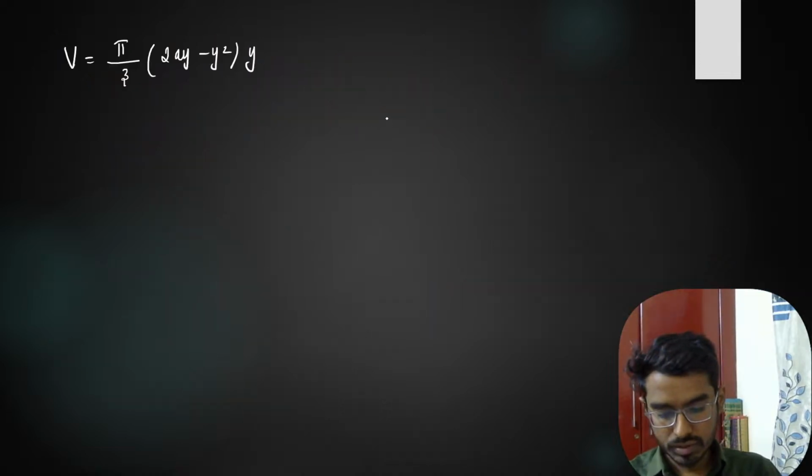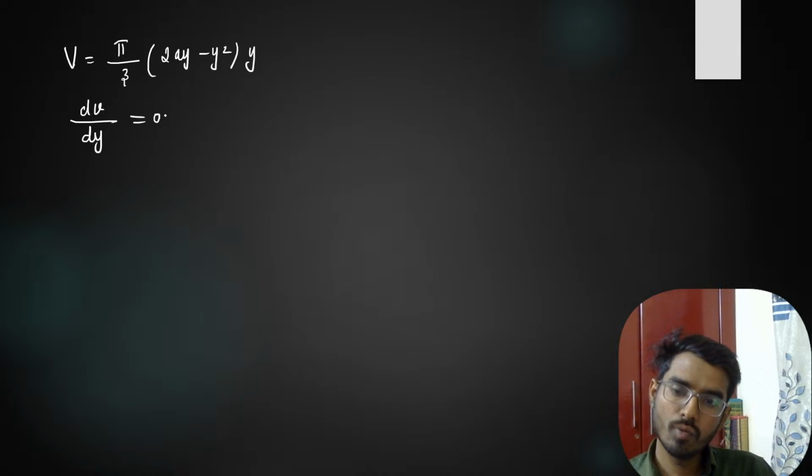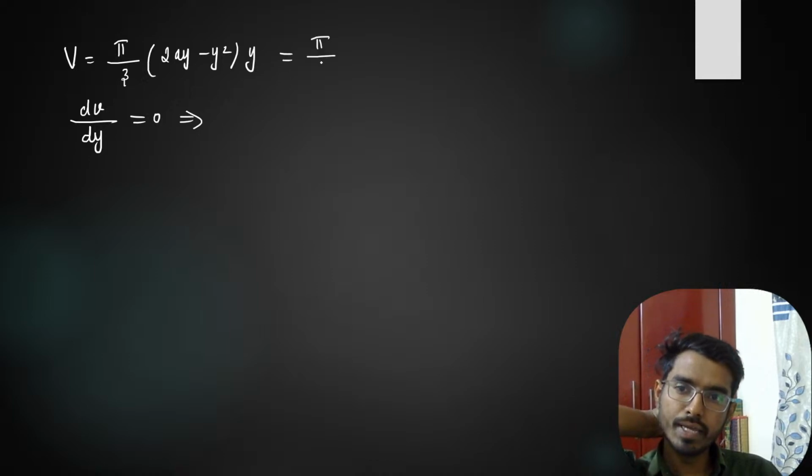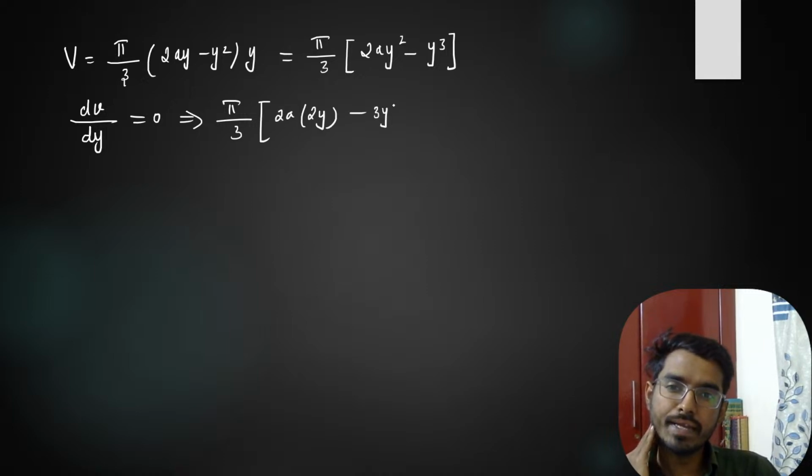Right. Now for a maximum, dV by dy is equal to 0. So differentiate this. This is pi by 3 times (2a y square minus y cube). So pi by 3 (2a into 2y minus 3y square) is equal to 0.